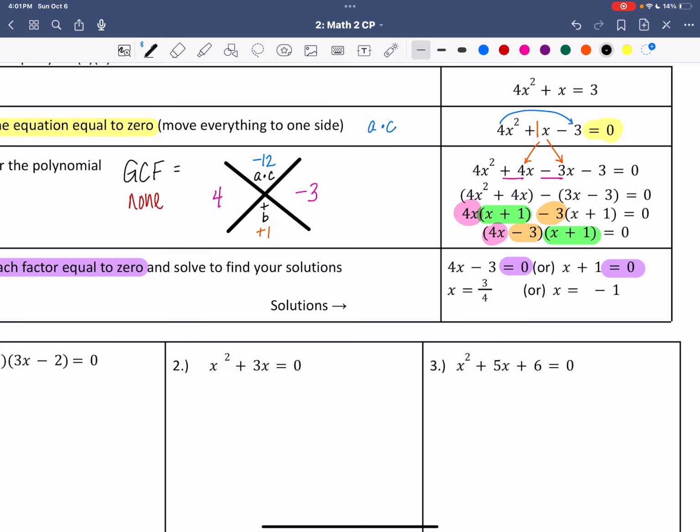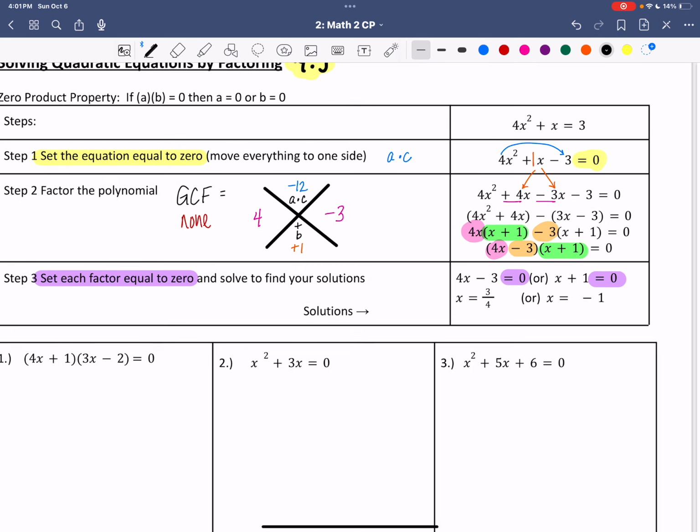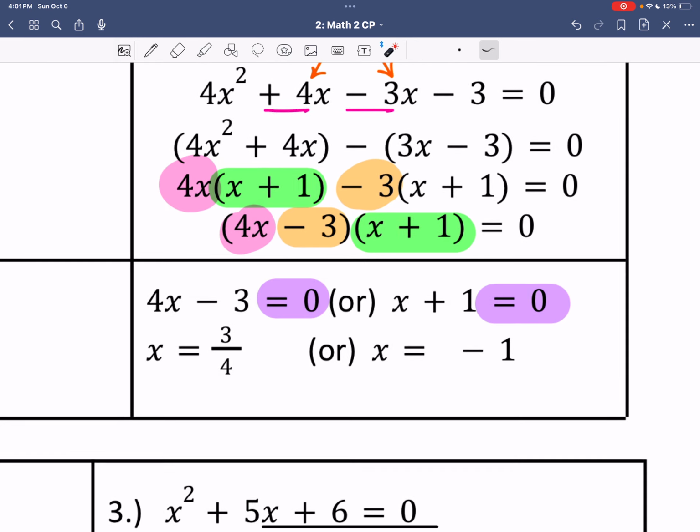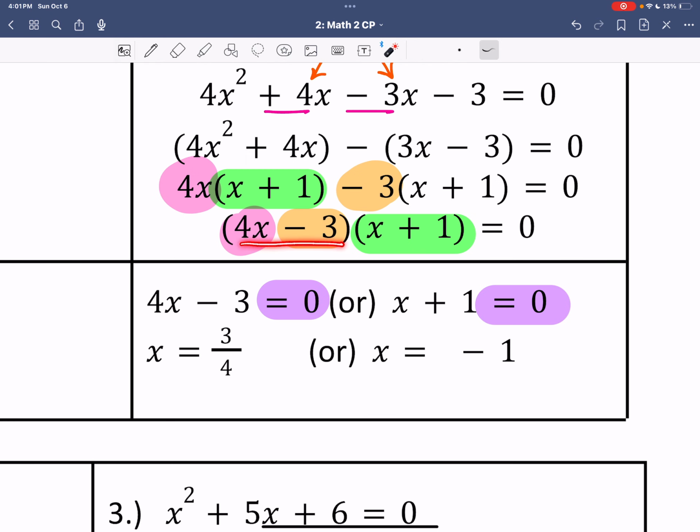Once you factor everything, now we're going to set each factor equal to 0. So we said over here, this is right here, and we're going to set that equal to 0. We're also going to do this, and set that equal to 0. So you're splitting it apart to find the two different ways.